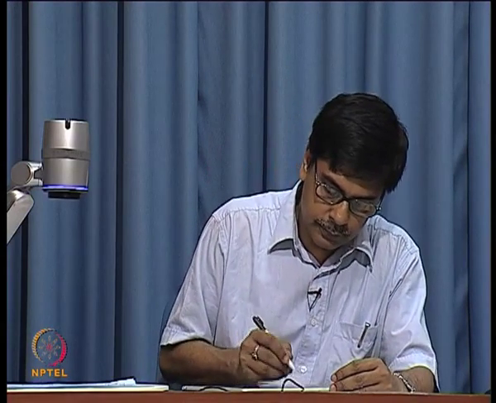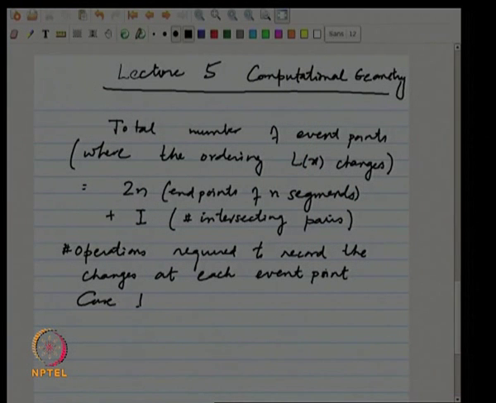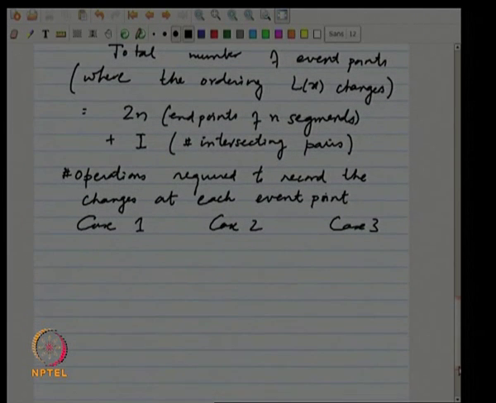So there are three cases: case 1, a new segment; case 2, a segment ends; case 3, segments intersect.